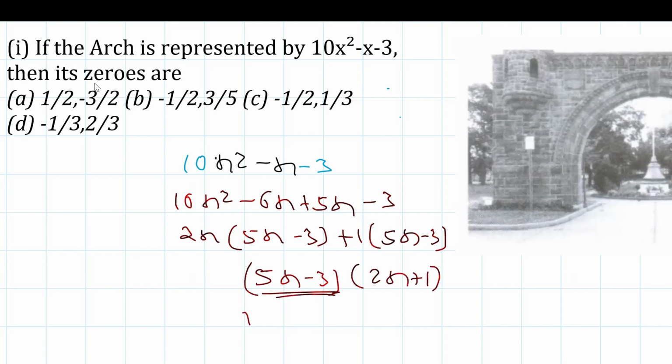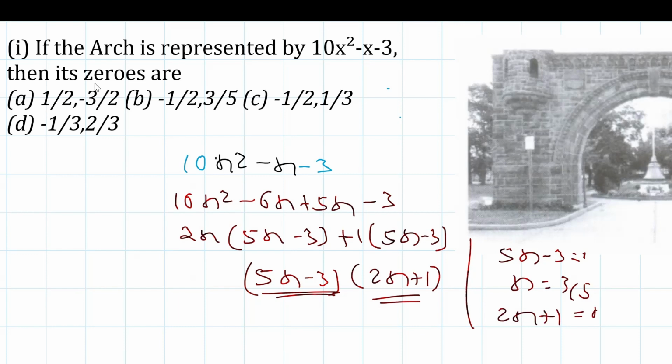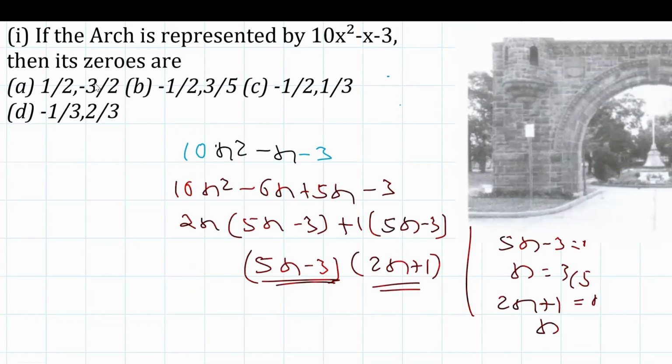Equating 5x minus 3 with 0, we'll get x as 3 over 5. Similarly, equating 2x plus 1 with 0, we get x as negative half.